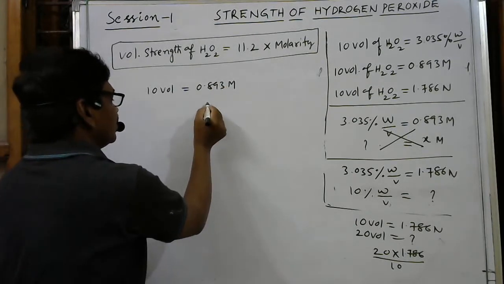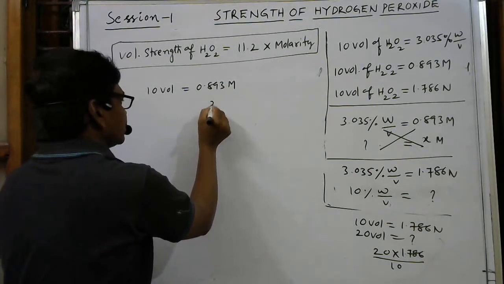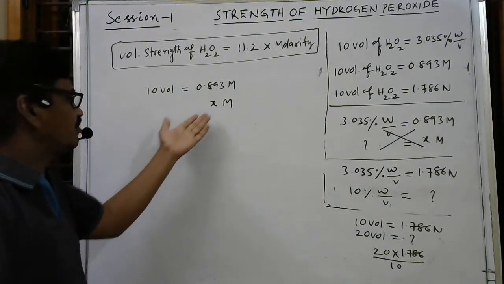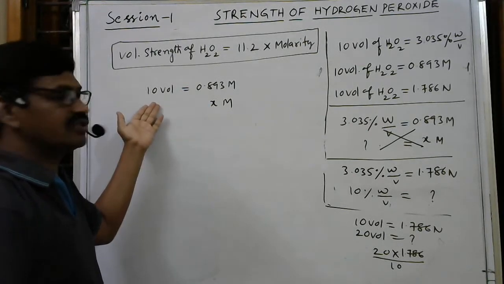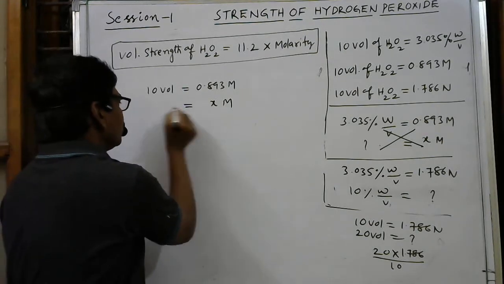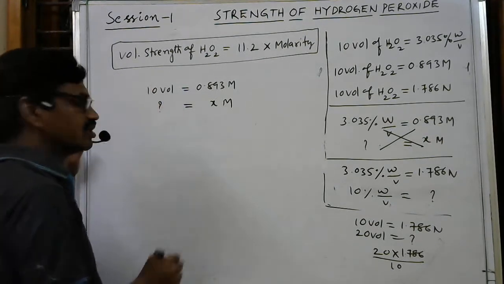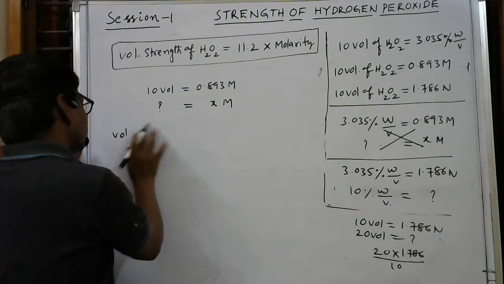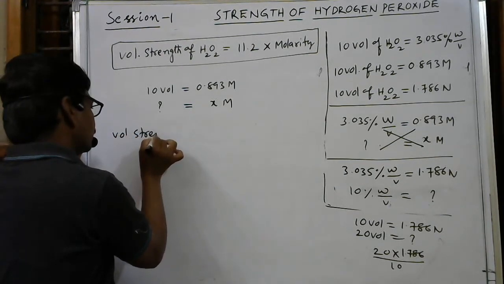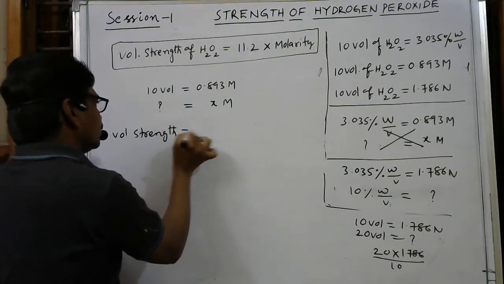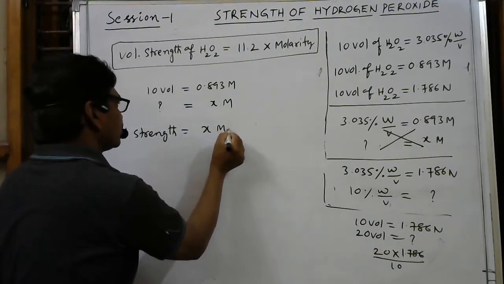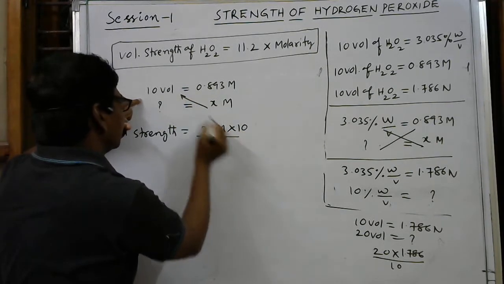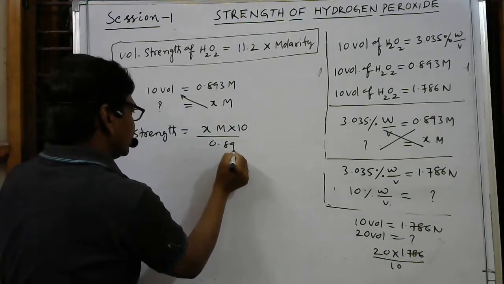For example, they are asking about x molarity. That may be 2 M, it may be 3 M, they are given. For 3 M, how much volume is it equal to? Like this you have to do cross multiplication. So here volume strength equals x molarity into 10 by 0.893.